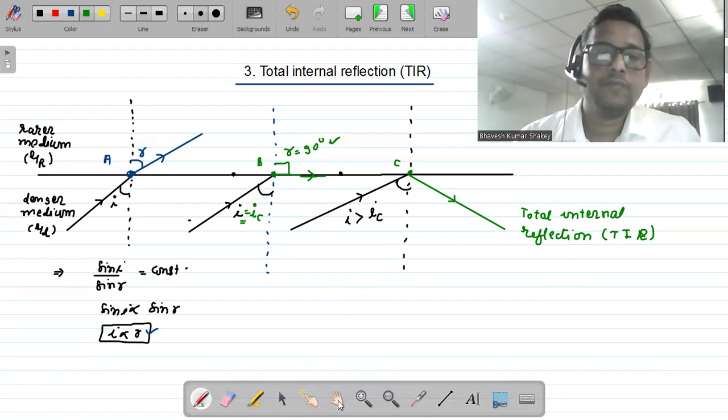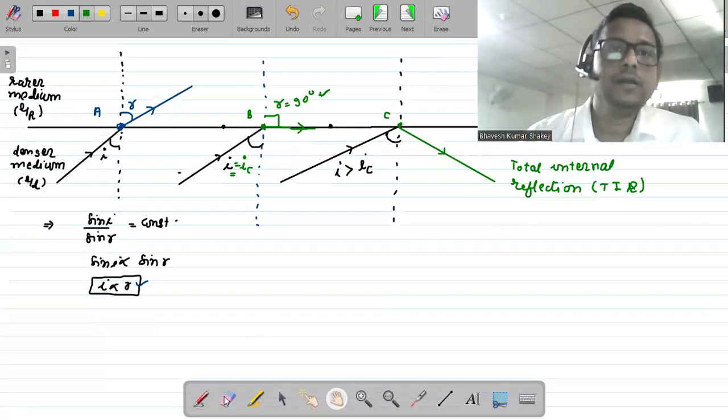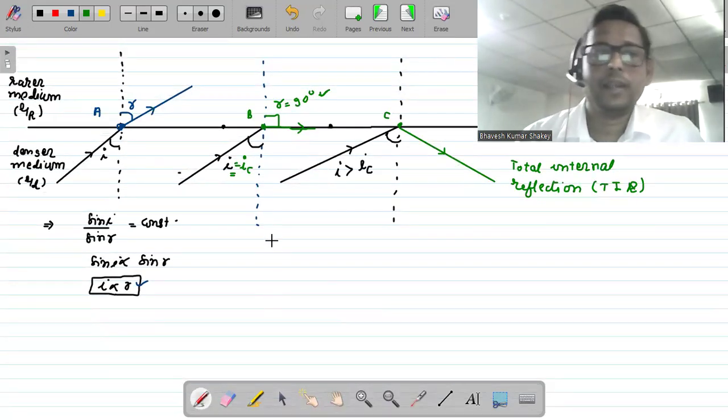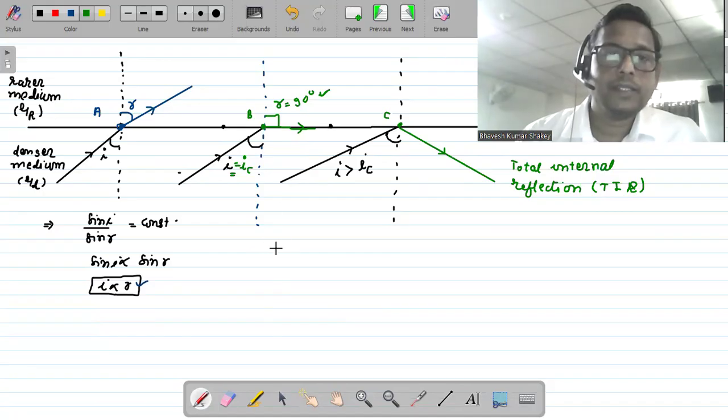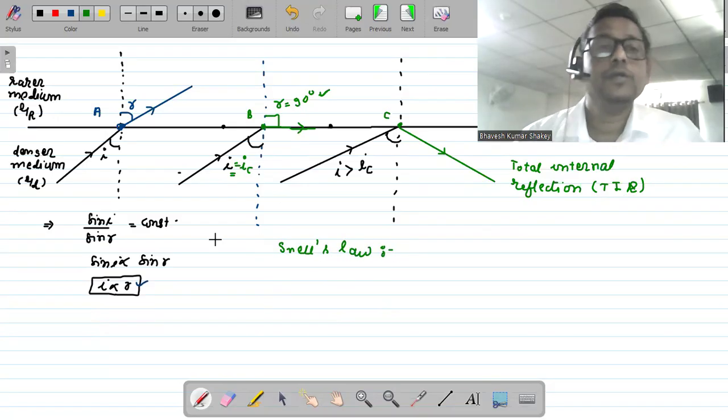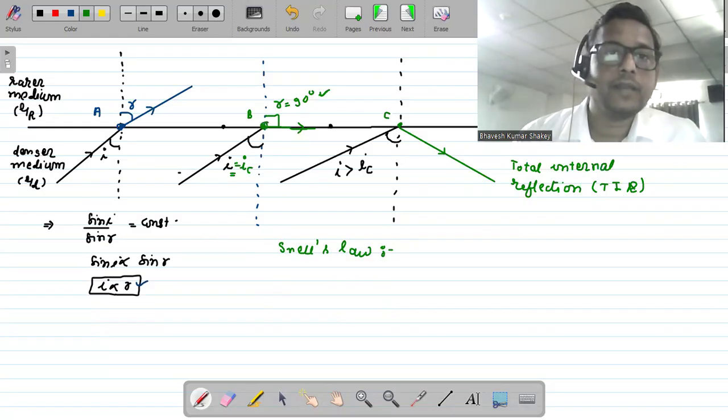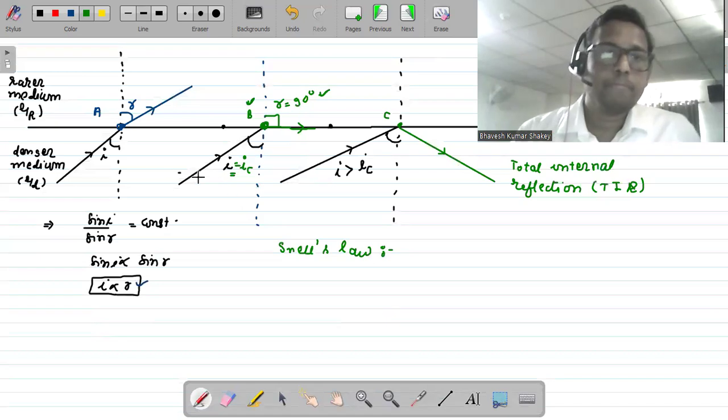Now let's derive the formula for the critical angle. I can apply Snell's law here. In this diagram, the light ray is going from denser medium to rarer medium.